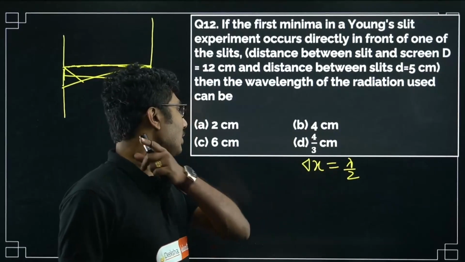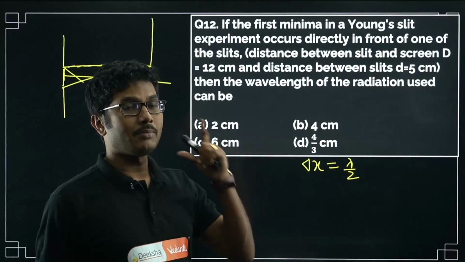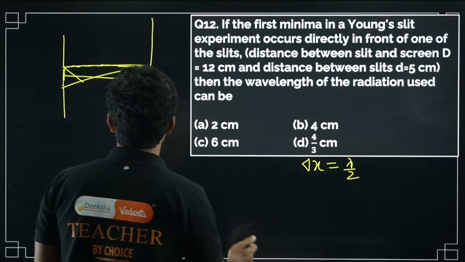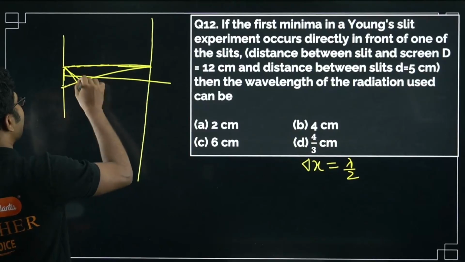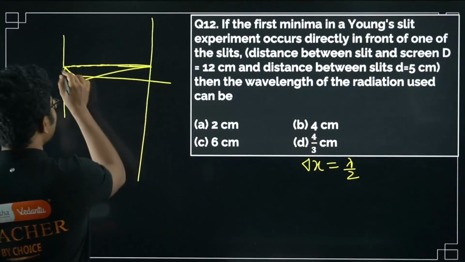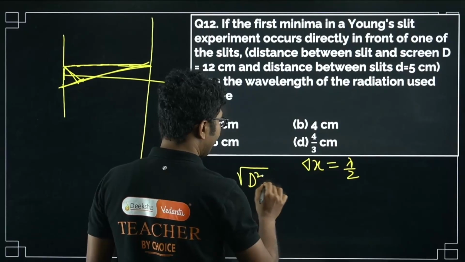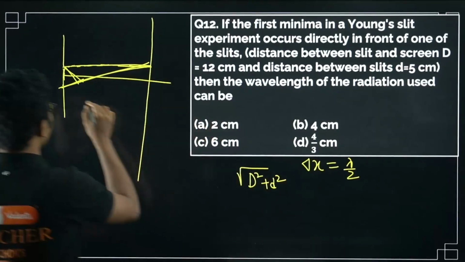So this is the formula for first minimum of Young's double slit interference. Now what is the path difference between these two? So this distance is square root of D square plus d square, right?